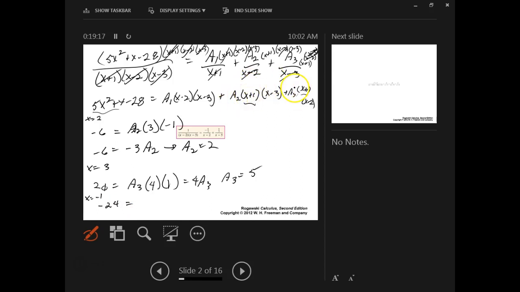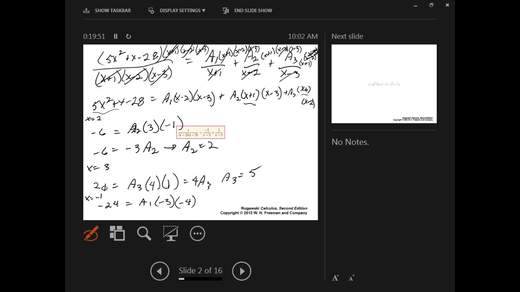These two terms, a2 and a3, they leave the picture because x plus 1 is 0. So you're just left with a1 times, x equal minus 1, that would be minus 1 minus 2 is negative 3, times minus 1 minus 3 is negative 4.